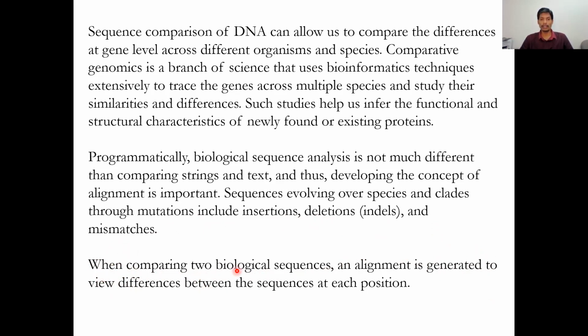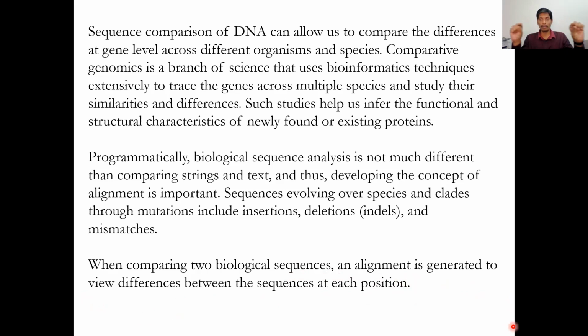When comparing two biological sequences, an alignment is generated to view differences between the species at each position. So when you want to compare, for example, a pangolin coronavirus and a human coronavirus, how do you compare? You need to align.